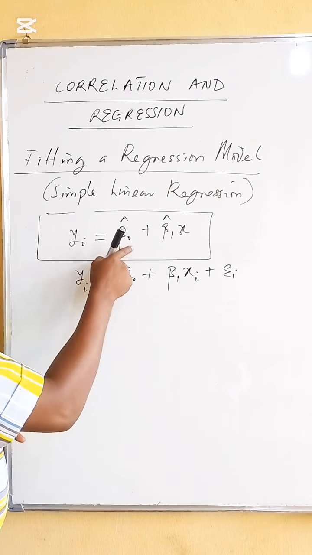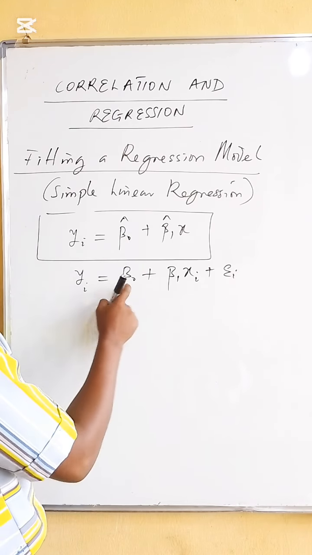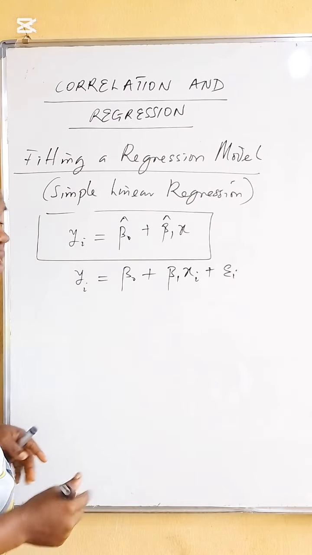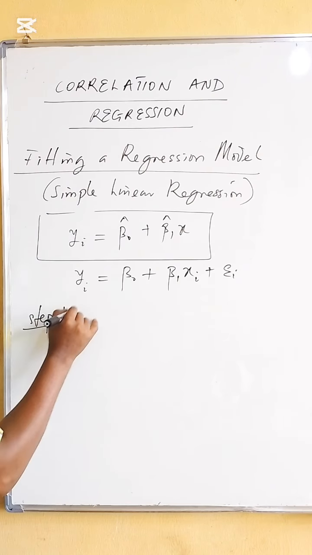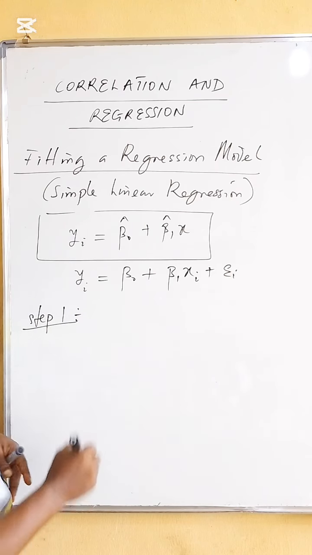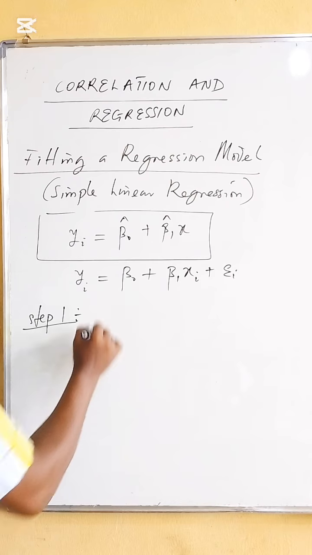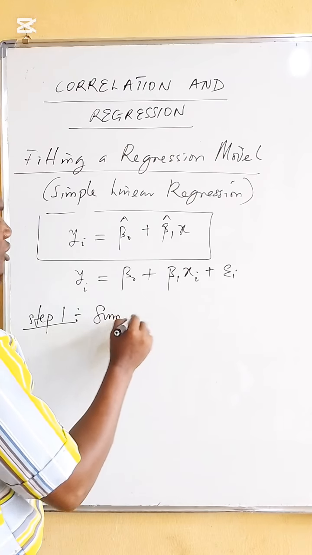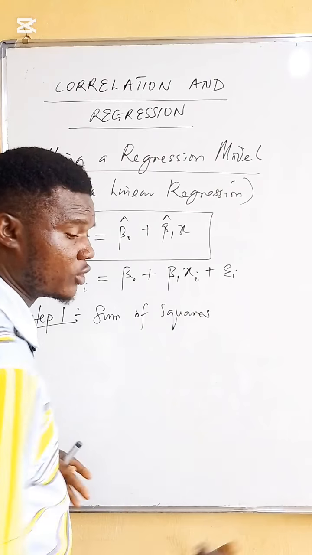Take note that beta 1 cap and beta naught cap are estimates of these two parameters. So the first step, my step 1, will be to obtain the square of this error term, or more or less, let's call our first step the sum of squares.